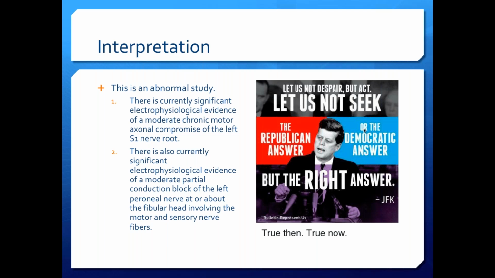It was the recruitment and interference pattern that showed more EMG abnormalities within the peroneal nerve distribution than the other nerves did. So this is a classic case of a conduction block, which is a myelin injury. It's a bad myelin injury.